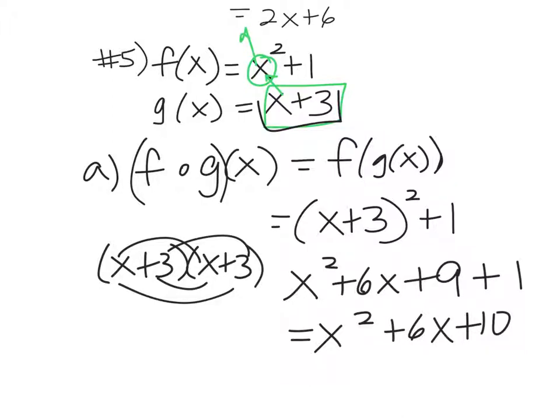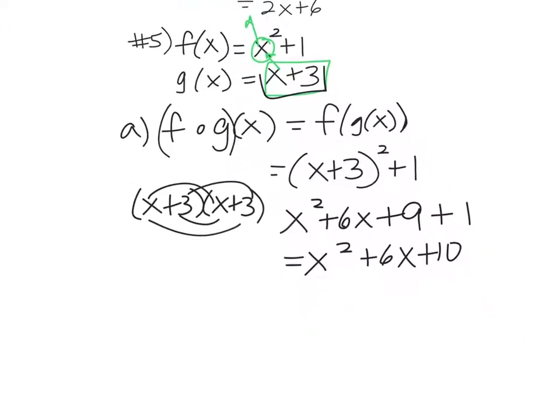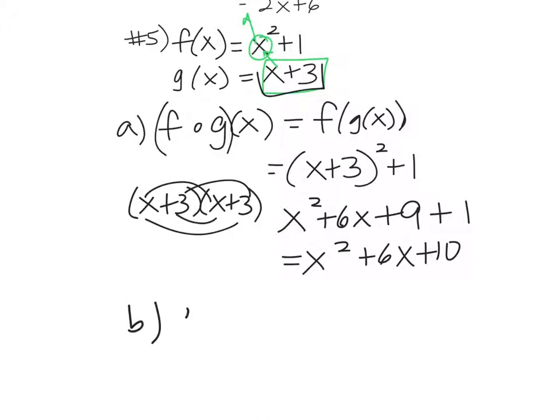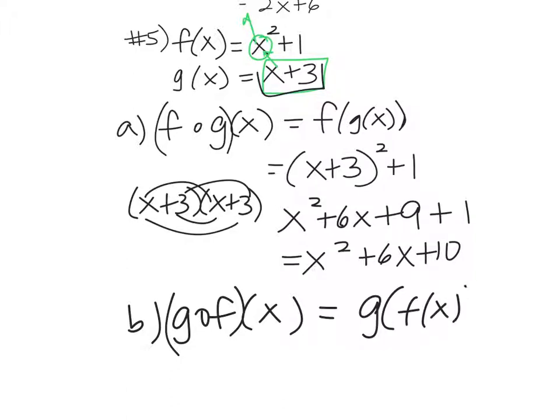All right, let's go the other way. The other way's easier. Let's see if you can get this. This is going to be g of f of x. g of f of x. So we're going to take f of x and plug that into g of x. So take this.